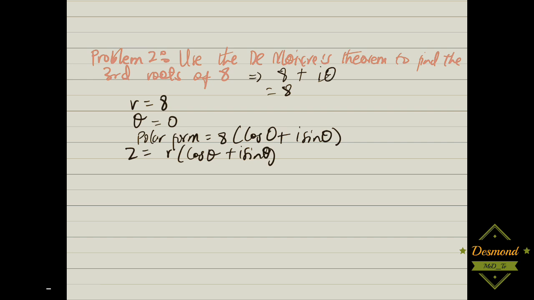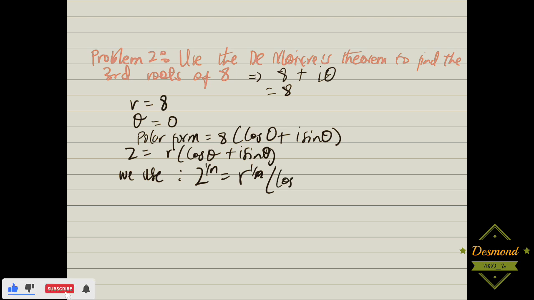So we will use z to the power 1/n equal to r to the power 1/n, open bracket, cos of (theta plus 2k pi) all on n plus i sin of (theta plus 2k pi) on n.